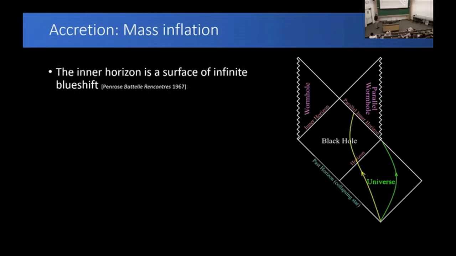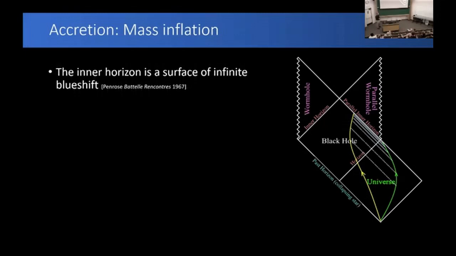So what he means by that is that if you were to fall into a black hole, follow this yellow line, for example, and then your buddy didn't want to fall into a black hole, so they just hang out outside like a normal person, then they could send you light signals. And when they do so, let's say they're sending you light signals at equal periods of time, then as they reach their infinite future, you're going to be reaching the inner horizon.